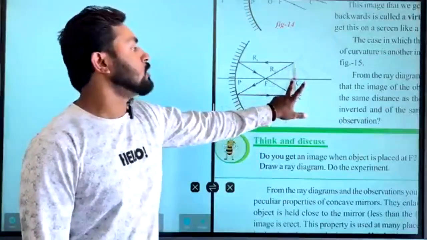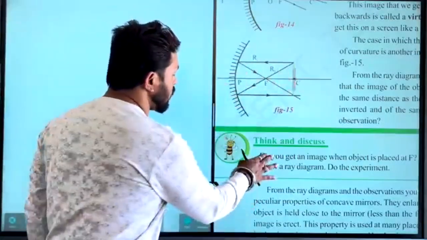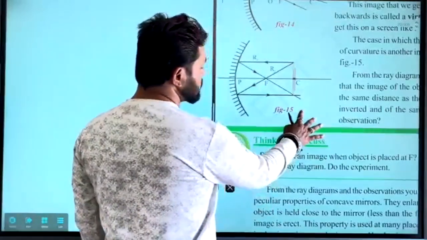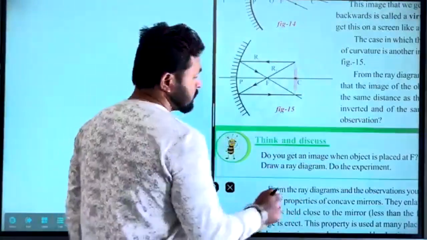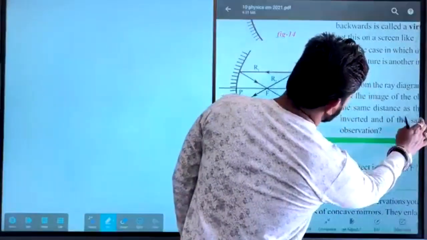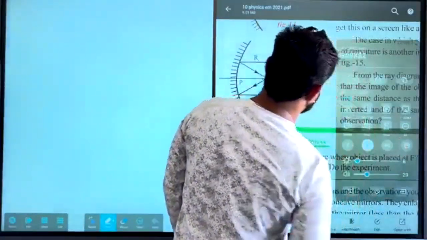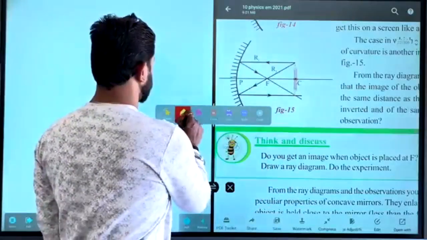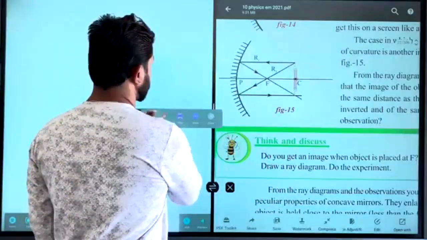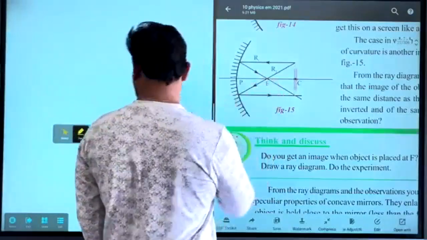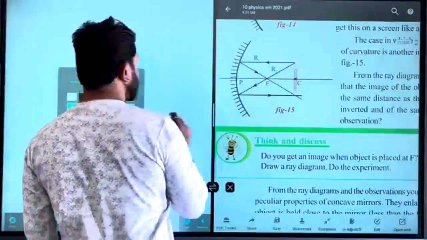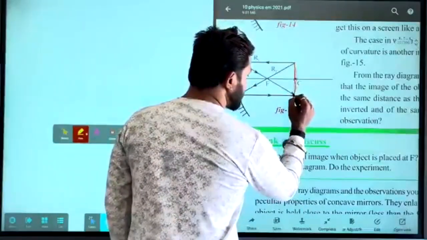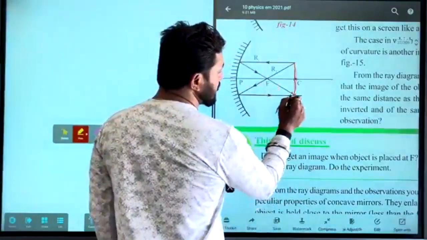There we have an object which is present on, one second, let me mark it so that you will understand. This is an object, and this is where the image formation is taking place.